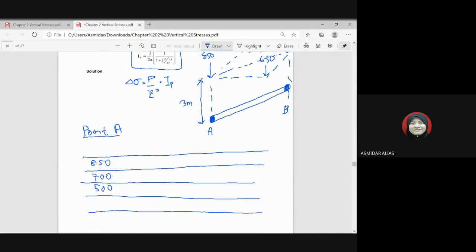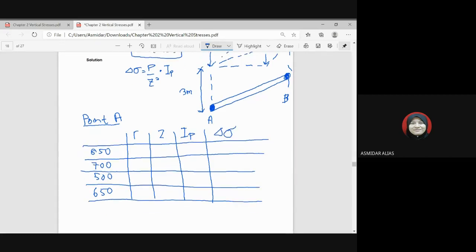Dan A juga akan rasa daripada 650 punya load. Okay, untuk point load, kita tahu parameter yang berfungsi adalah R dan juga Z. Okay, selepas tu you akan dapat nilai IP. Kemudian daripada tu you boleh kira lah dia punya vertical stress.